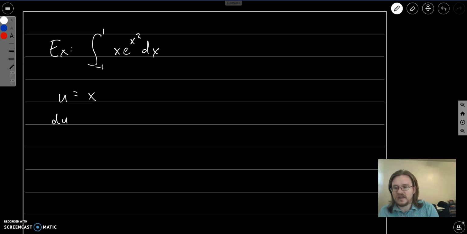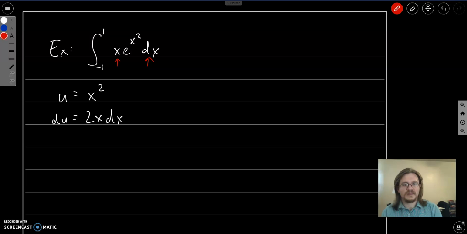However, if I just take it to be that exponent, the derivative of x squared is just 2x. And then if I want the differential, it will be 2x dx. And I have an x dx in there. So let's rearrange this just to make sure that it's really clear.